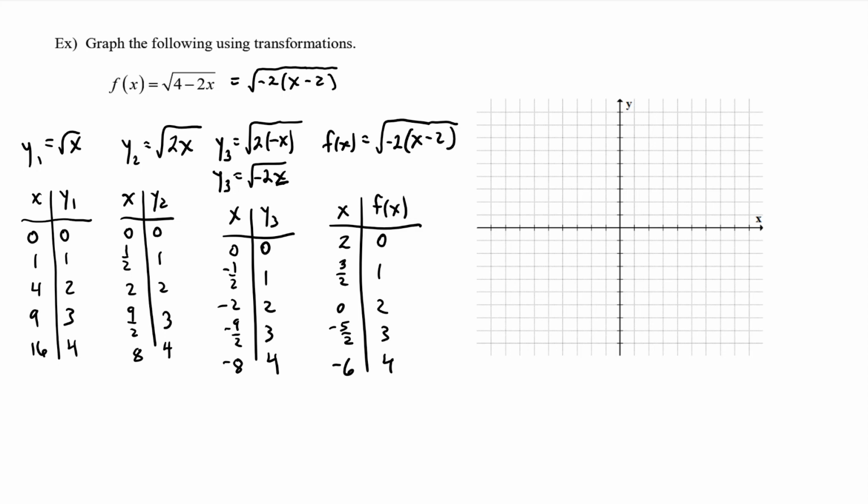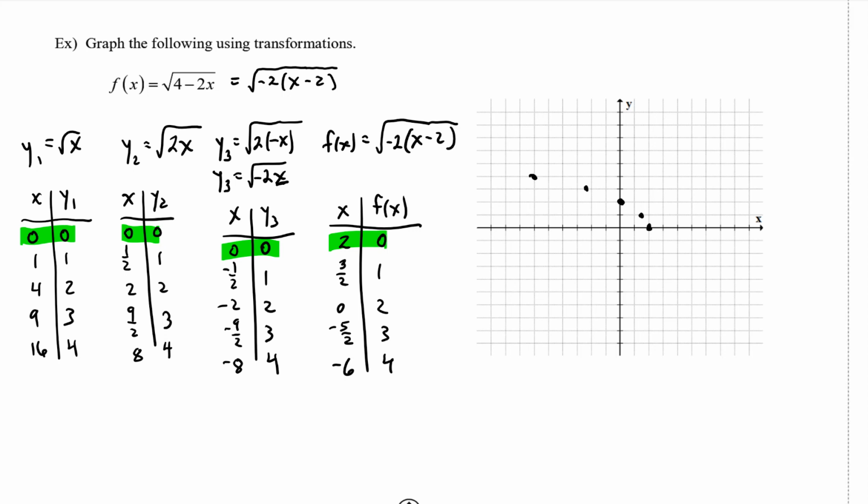So let's go plot those. So this was my endpoint. There's my endpoint. The endpoint is going to be 2, 0. Then 1.5, 1. 0, 2. Negative 2.5, 3. Negative 6, 4.